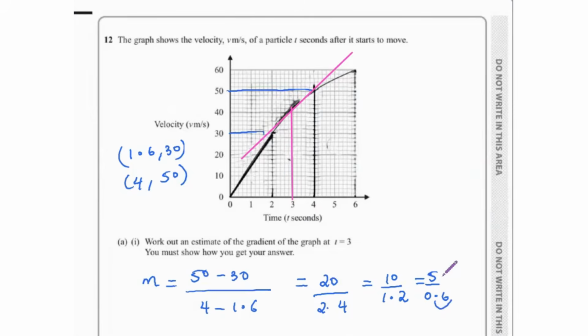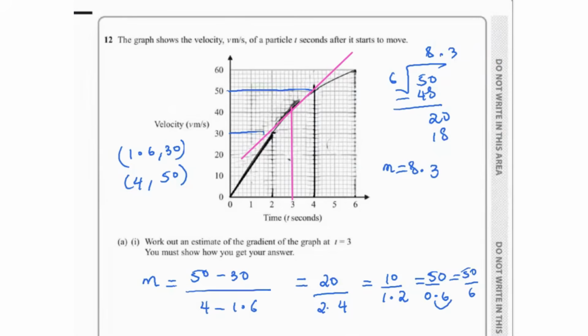I move the decimal over here and add a 0 over here, so that's 50 divided by 6. That is 8.3 recurring. So that is my estimate for the gradient. Gradient is 8.3 recurring. That's my answer.